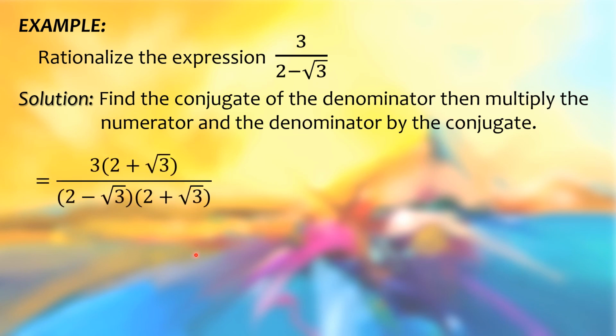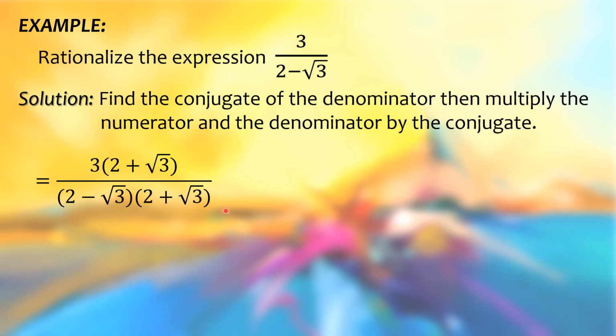So, magiging 3 times 2 plus square root of 3 over 2 minus square root of 3 times 2 plus square root of 3. Ang conjugate ng denominator na 2 minus square root of 3 ay 2 plus square root of 3. So, minultiply natin sa numerator at sa denominator.